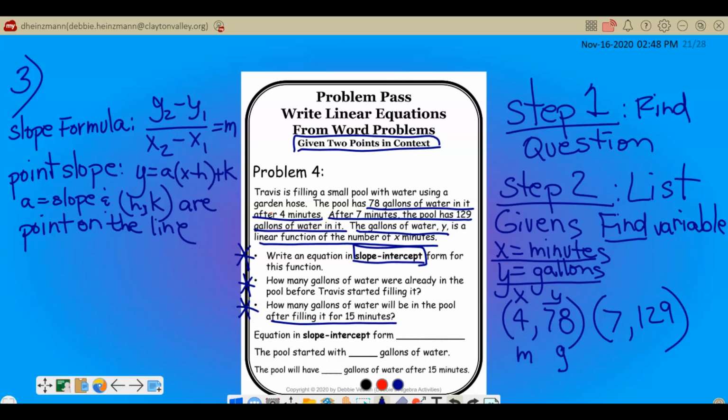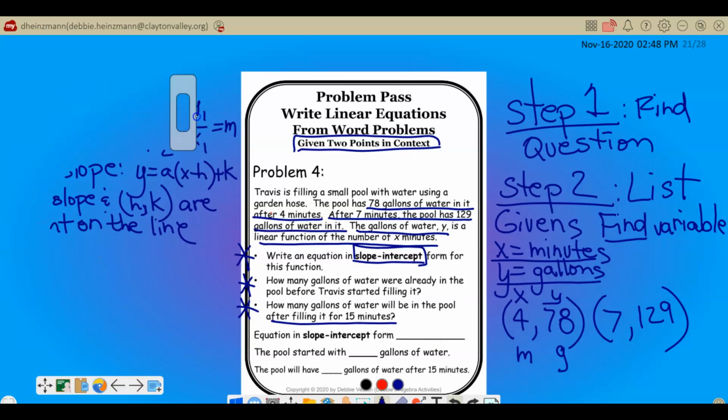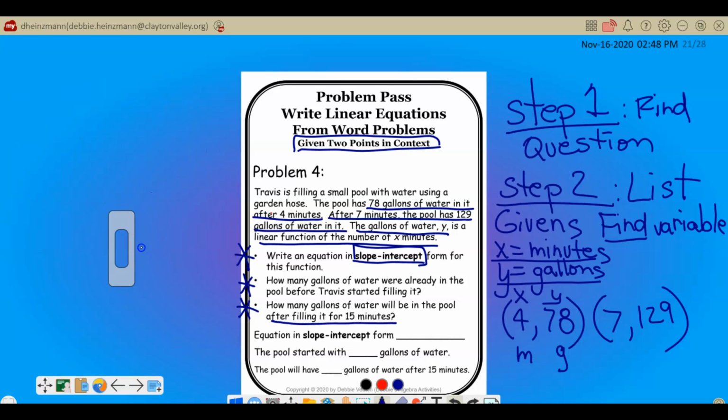Okay, so to continue with this problem, I'm going to erase this part over here. Alrighty, so let's set up our slope formula.